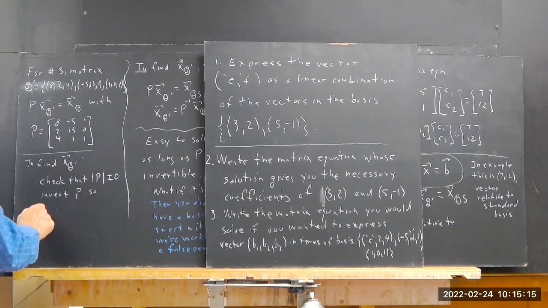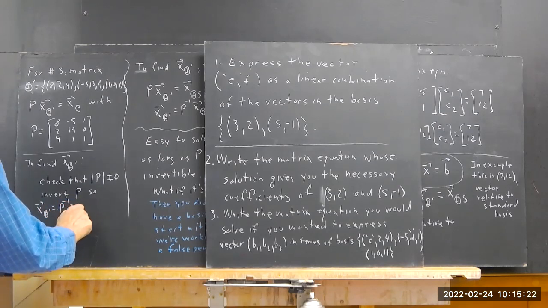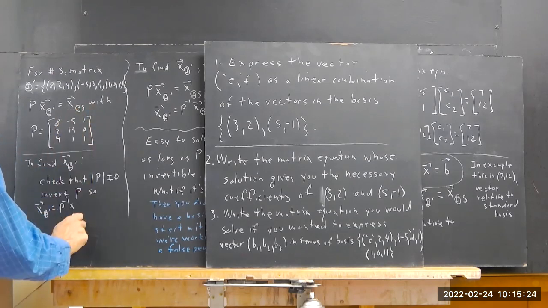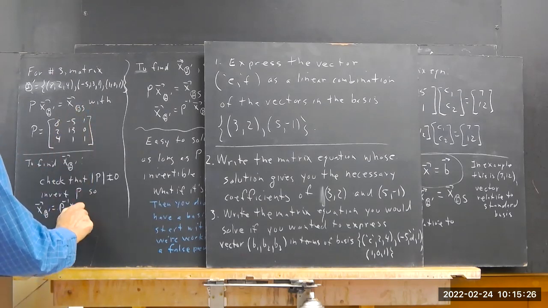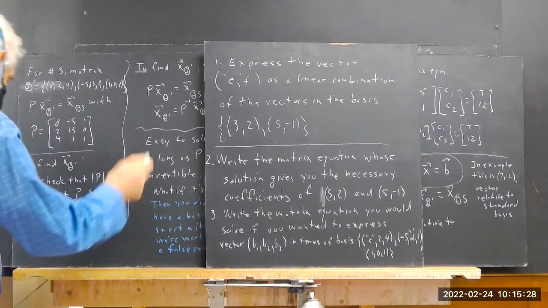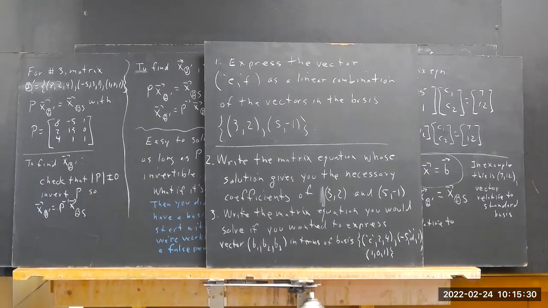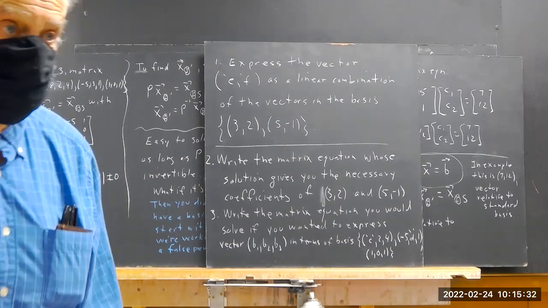Invert P so that x B prime equals P inverse x. Okay. Makes sense? Okay.